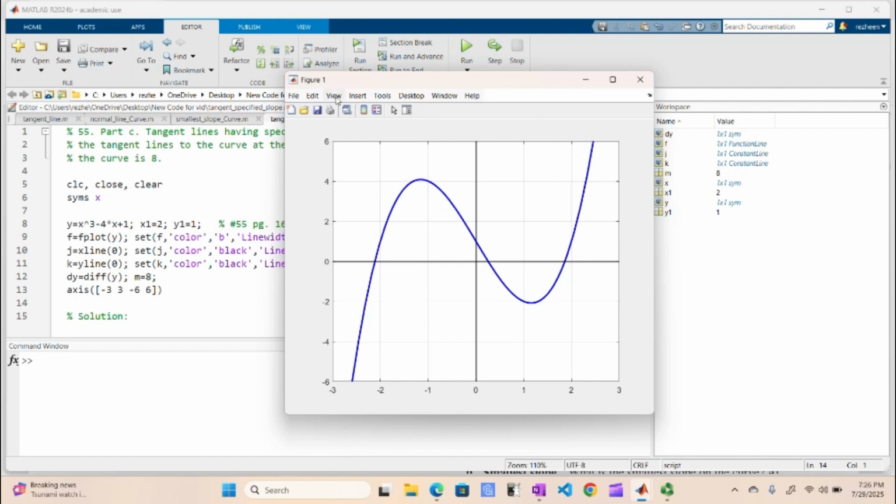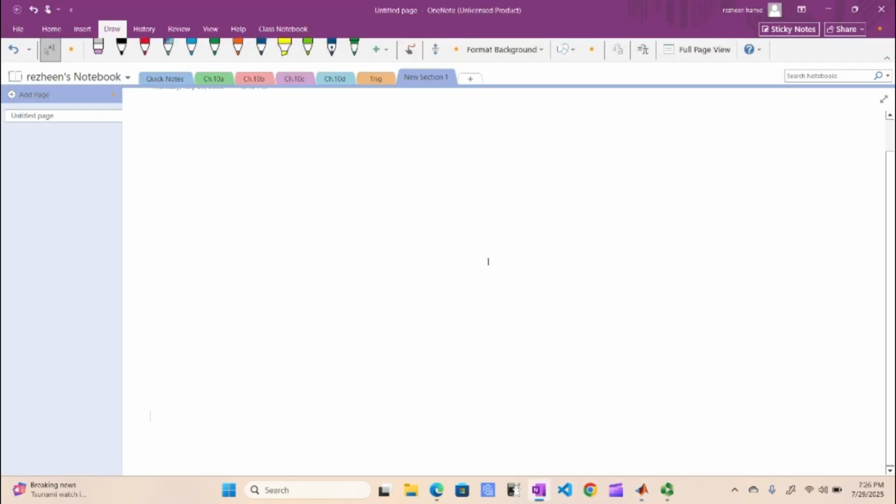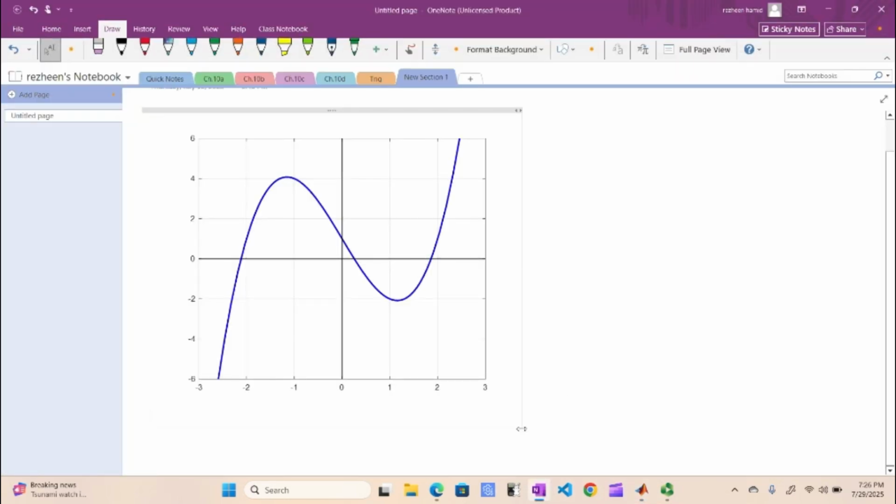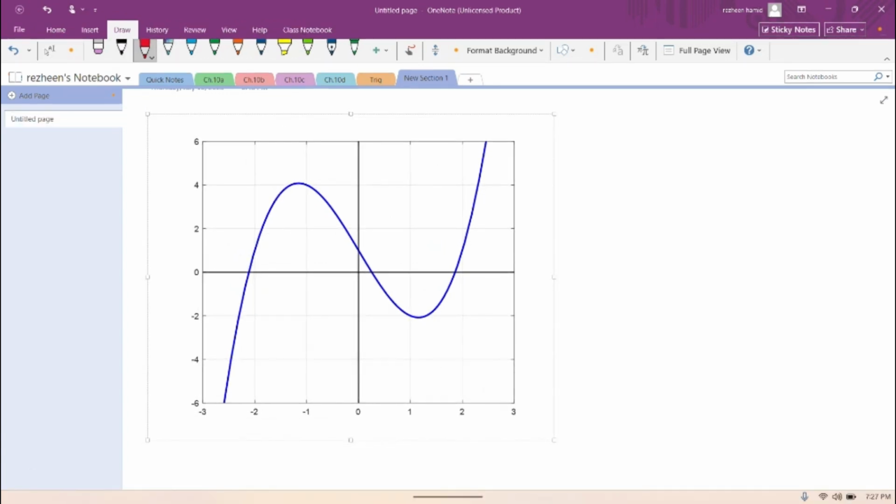So what I can do here is copy this figure and let's go over to OneNote and paste it. Let's make this a little bigger maybe. All right. So what we're interested in is these two lines here that have the slope of 8. They happen along the curve somewhere around here.